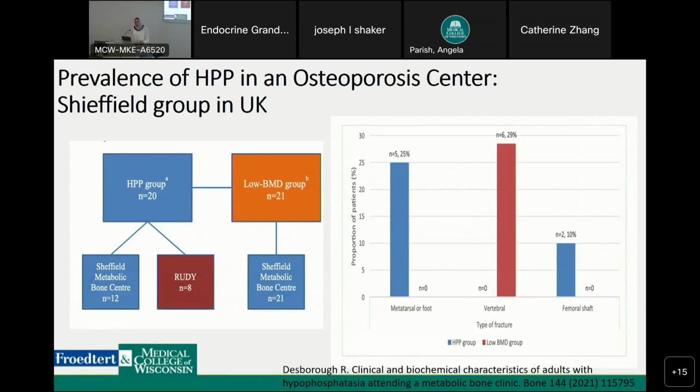They noted about 20 patients who presented to the Sheffield group, and they compared this to 21 patients with osteoporosis. They found that the imaging characteristics helped in differentiating HPP from osteoporosis. Patients with HPP had more metatarsal fractures and femoral shaft fractures, compared to the compression vertebral fractures that we see with osteoporosis.